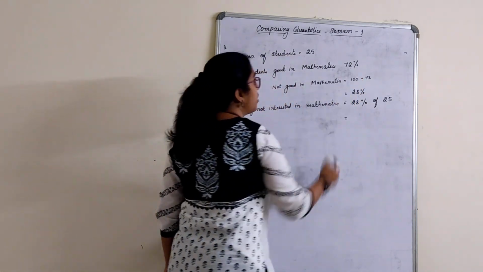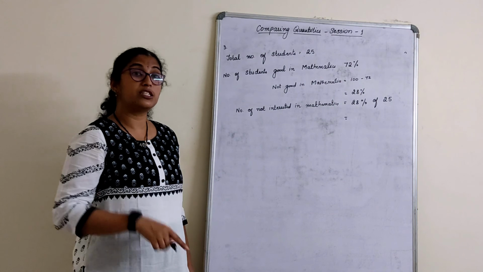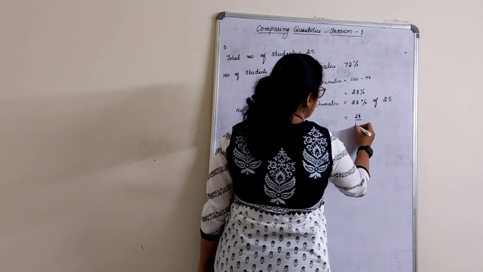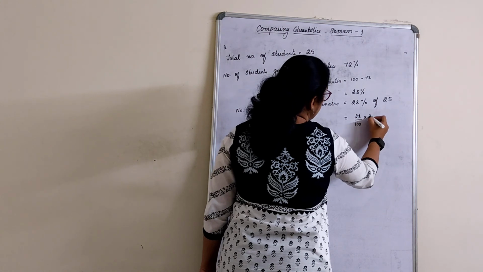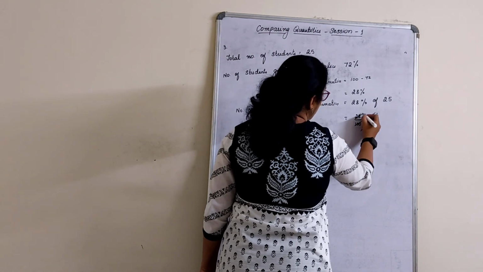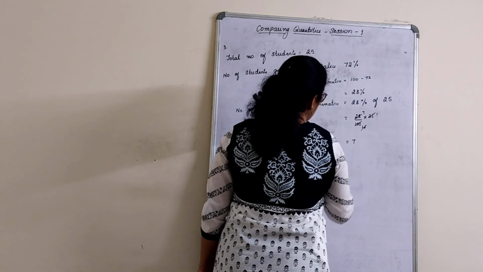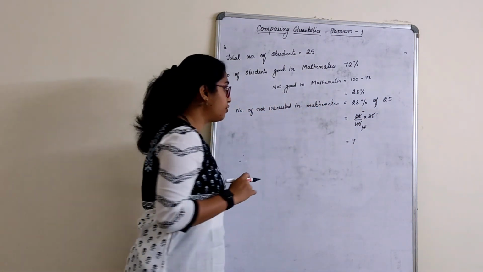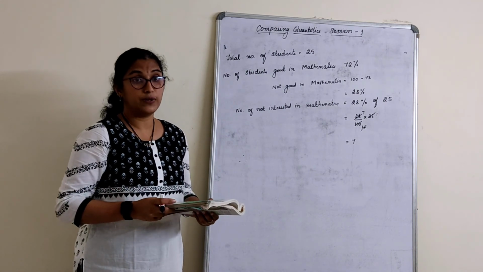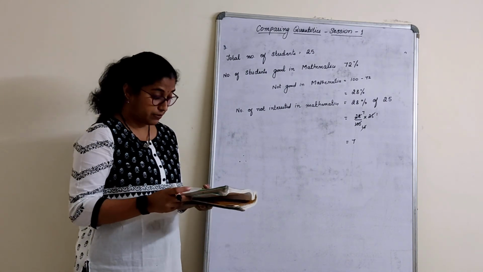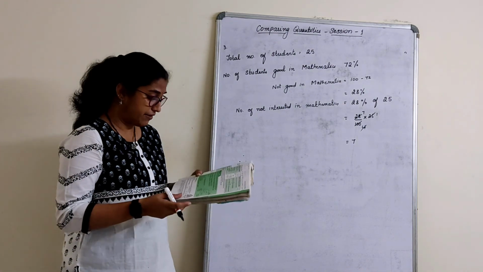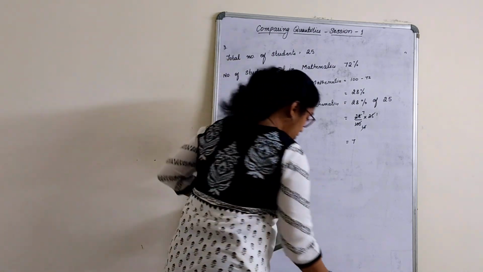Even if I ask you how many are good in mathematics, it is 72% of total. So 28 by 100 into 25. 25 ones are 25, 25 fours are 100, 4 ones are 4, 4 sevens are 28. Therefore, 7 students are not good in mathematics out of 25. This is how you have to do the sum. They have not asked how many are good, they have asked how many are not interested. Next one.